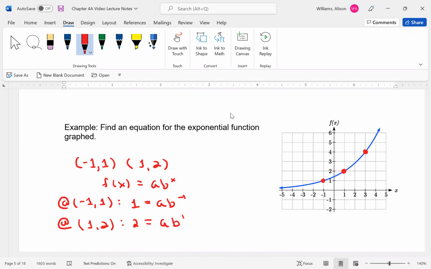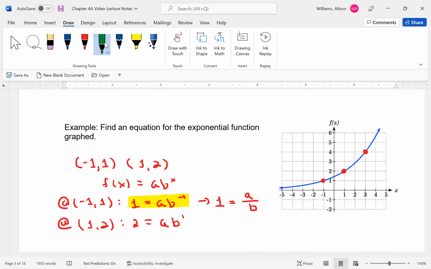Ooh, hey, that's kind of nice. I think they're both pretty good, but we're going to stick with what we did last time. We're going to use the first equation, which is kind of gross because of the negative exponent. So I'm going to rewrite this as a over b to the 1, right?